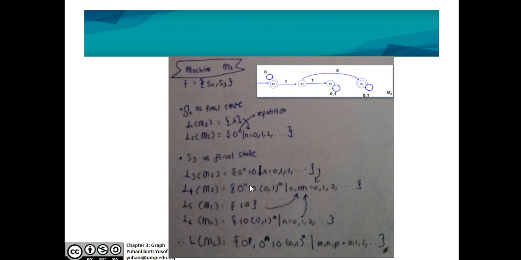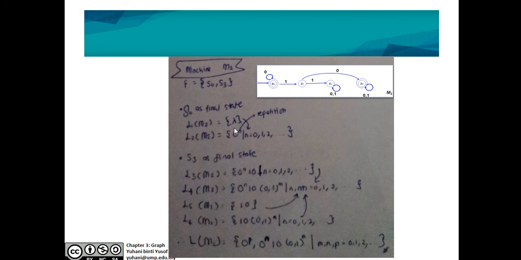So it can be 0 to the n, 1 0, 0 to the m, or 0 to the n, 1 0, 1 to the m, or 0 to the n, 1 0, combination of 0 1 to the m, where n and m start from 0, 1, 2. The third one, maybe the language generated can be 1 0. The fourth one, maybe it can be generated as 1 0 followed by 0 1 repeated n times, represented by L6.